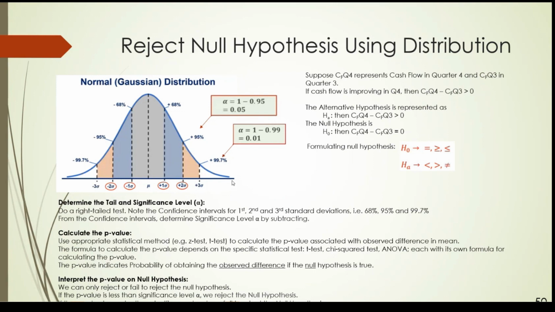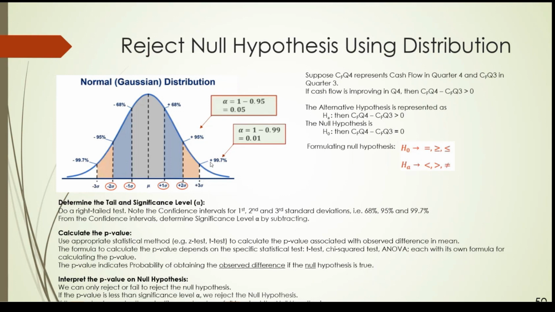So let us say we want to see 99.7% of confidence. So we will determine the significance level. We determine the significance level, alpha, by subtracting the p-value.